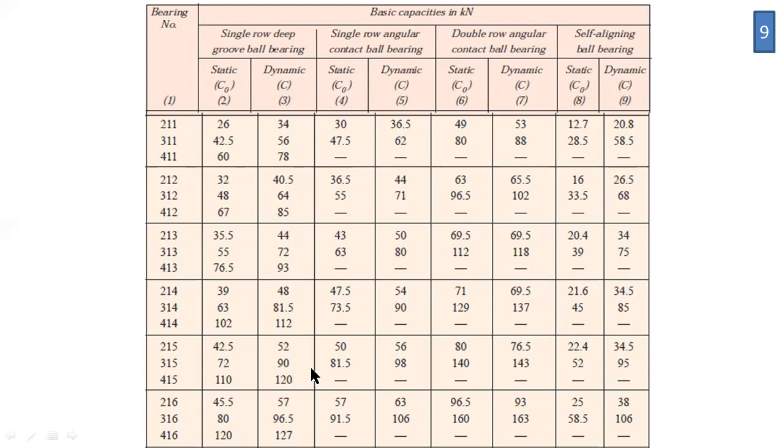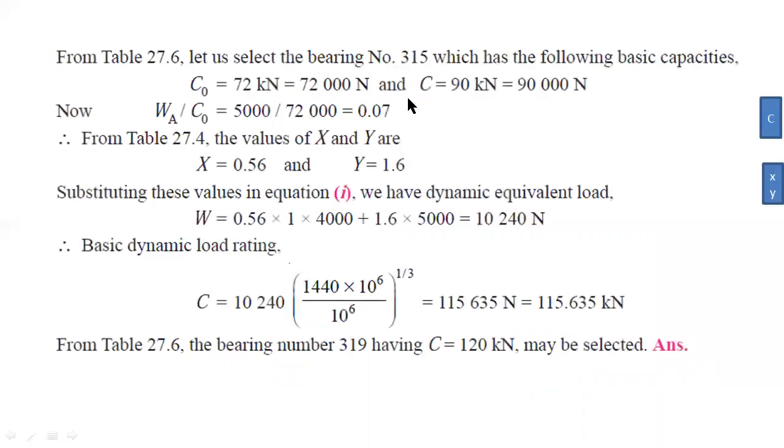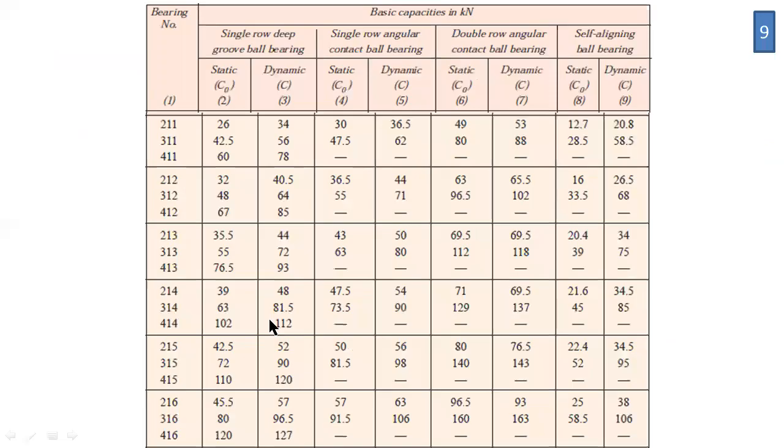81.76 is our value. Here this column is C for a single row deep groove ball bearing. So I consider the value of C equal to 90. This is our nearest value. This one is also near, but it is less than our value, and this is the greater value, so you have to consider the maximum value.